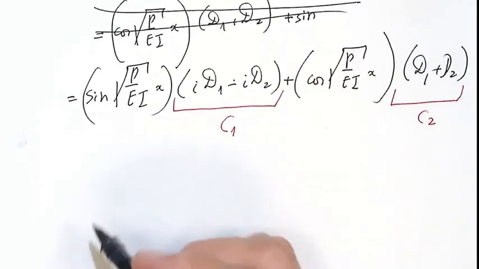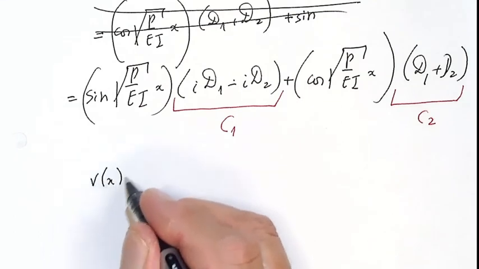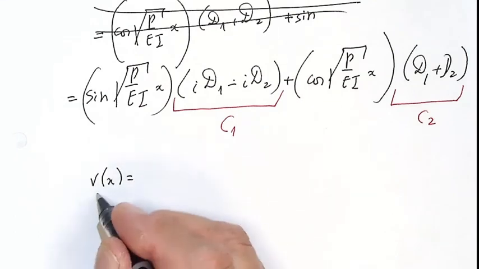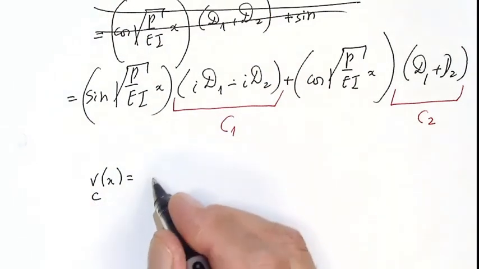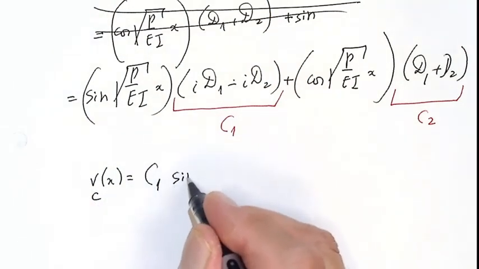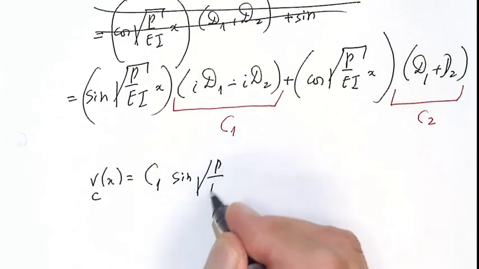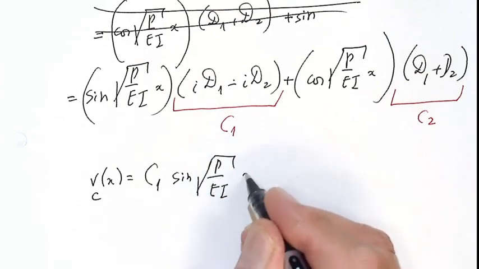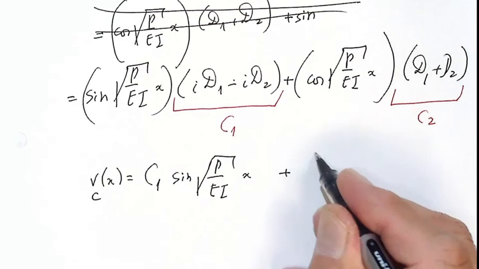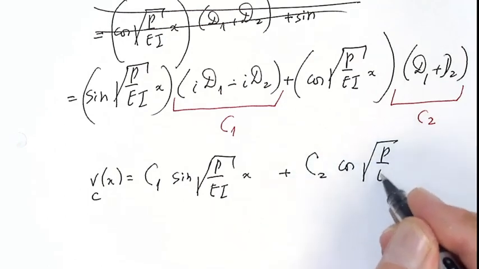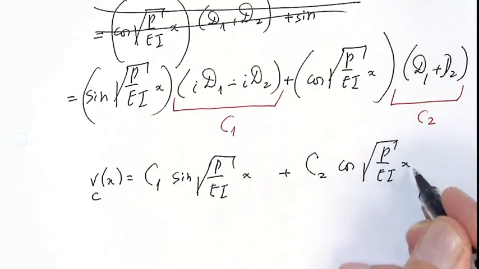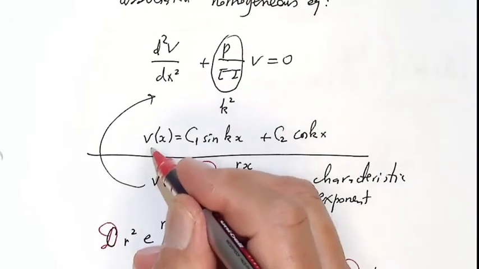So then I get v of x equals, that is complementary, c1 sine of square root of p over EI x plus c2 cosine of square root of p over EI x. So I will just mark here complementary.